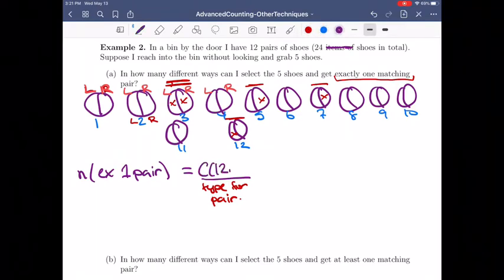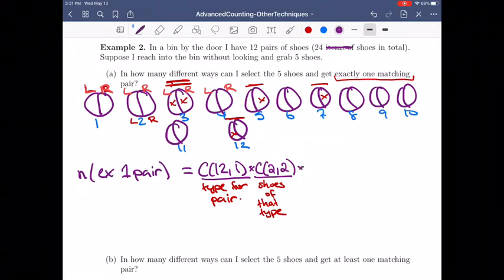So that's 12 choose 1. And then, multiply, we're going to select shoes of that type. Now I don't really need this here, but I want it to look similar to the next steps. There's 2 shoes of type 3, and I want both of them. So I'm going to do 2 choose 2.